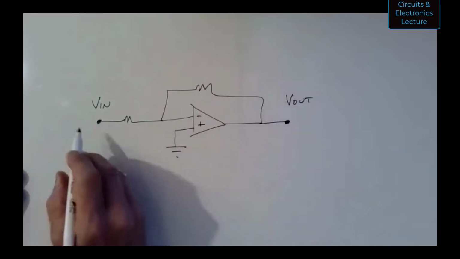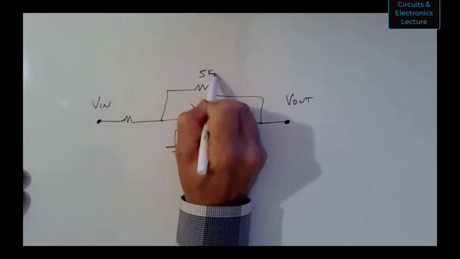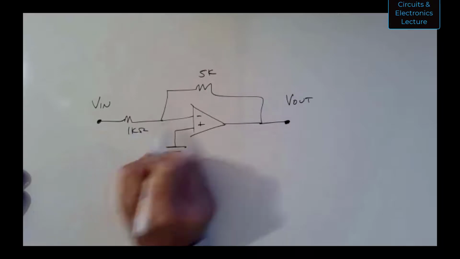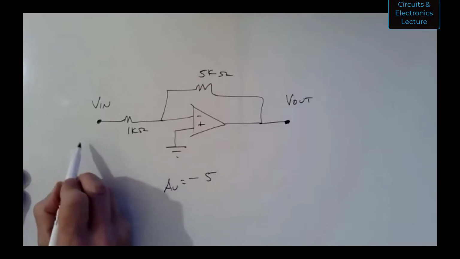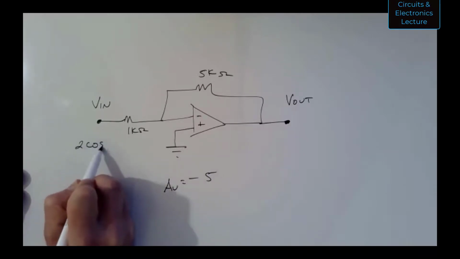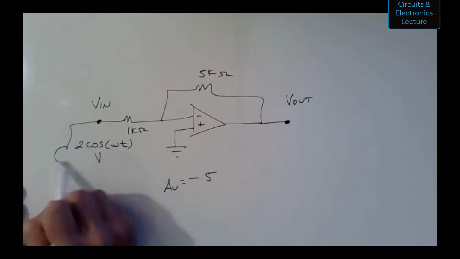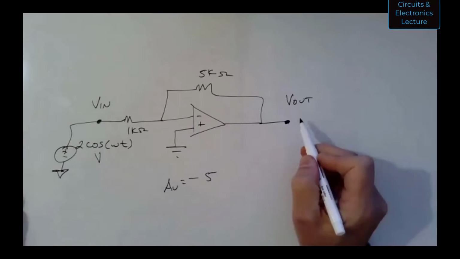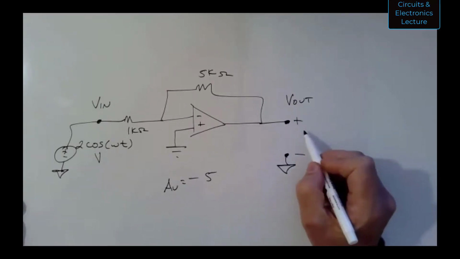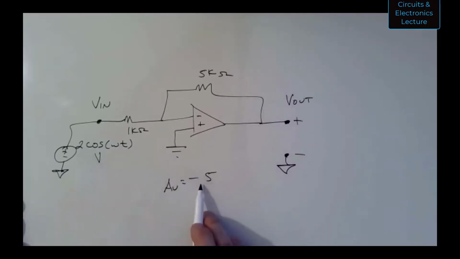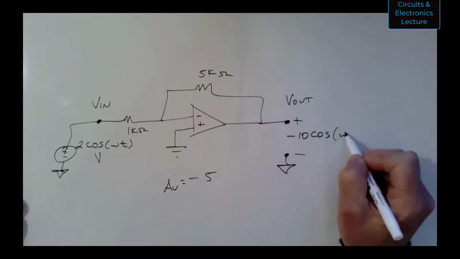Yeah, so what you could have is, let's say this is 5K ohms and this is 1K ohm, and so this is an amplifier with a gain of -5. So if I have something like 2 cos omega t at the input, applied here with some source, then at the output, what I would see is 2 volts times -5, so minus 10 cos omega t.